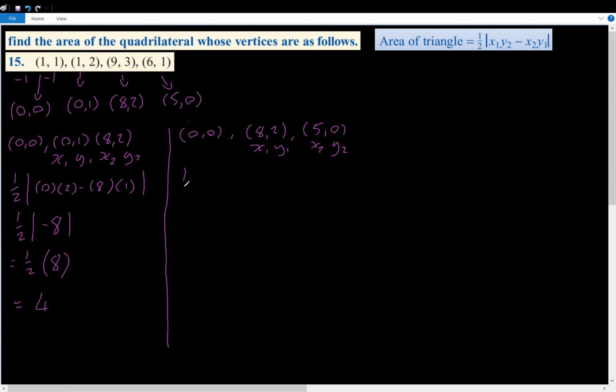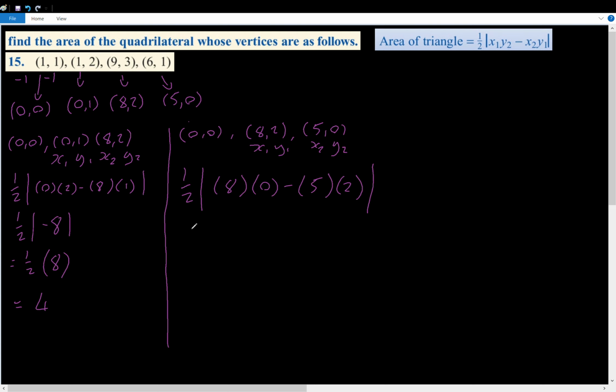Again we go to our formula, so it's 1/2 times the absolute value of x1 times y2, which is 8 times 0, minus x2 times y1, so minus 5 times 2, like that.